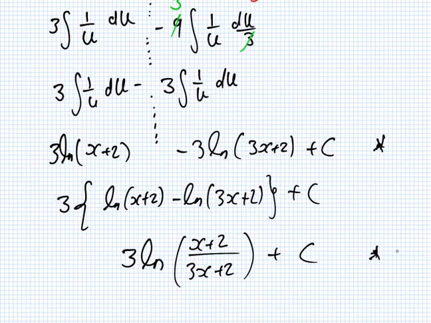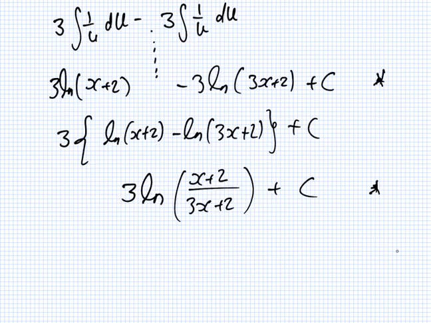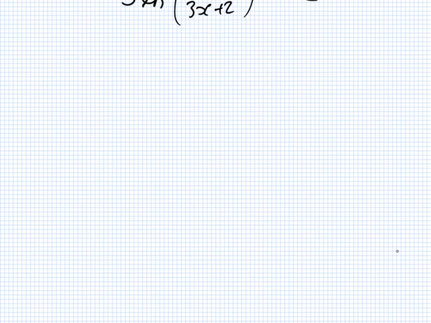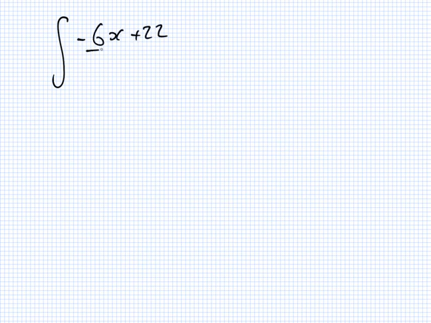Let's have a look at another example. Right. I can scroll down. So we have this one. Integrate minus 6x plus 22 over x squared minus 10x plus 25 dx.